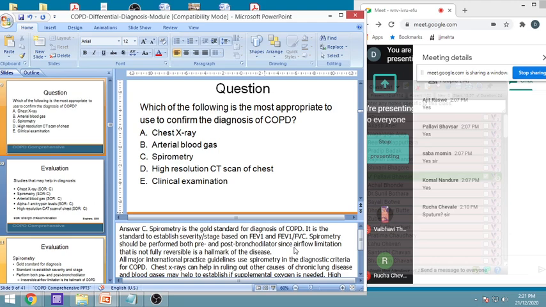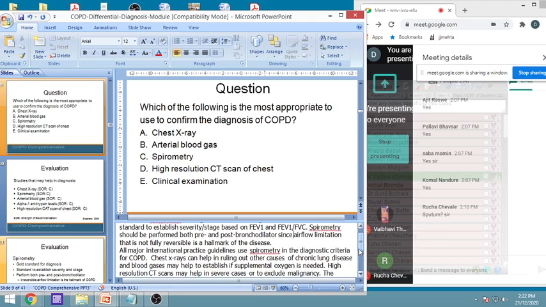So all the important thing is, all international practice guidelines use spirometry in the diagnostic criteria for COPD. Chest X-ray can also help in ruling out other causes of chronic lung diseases, and blood gases may help to establish if supplemental oxygen is required.